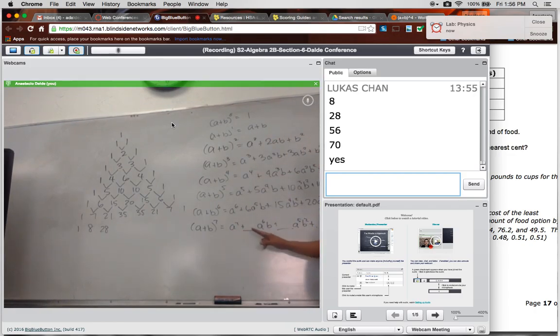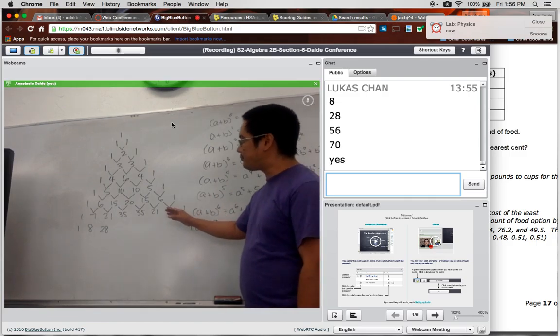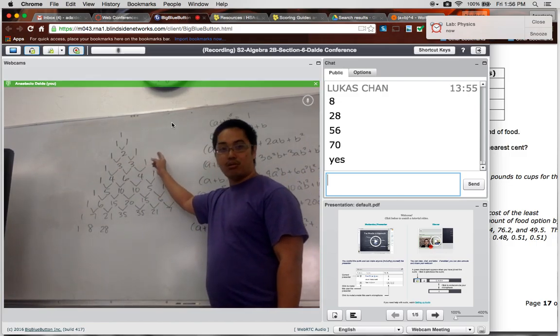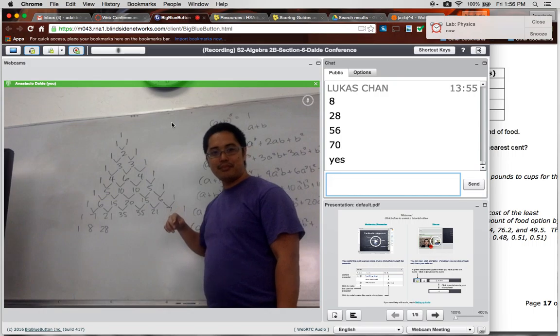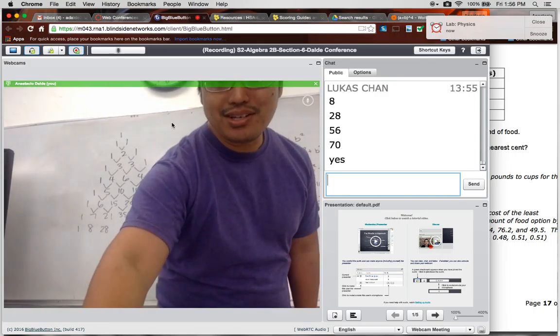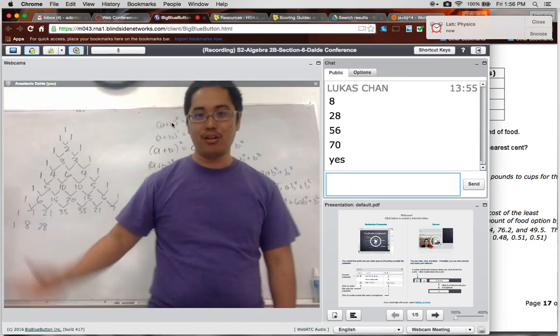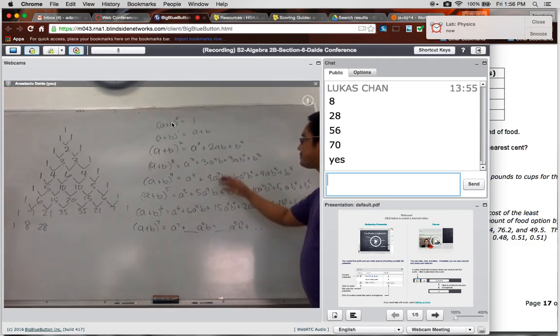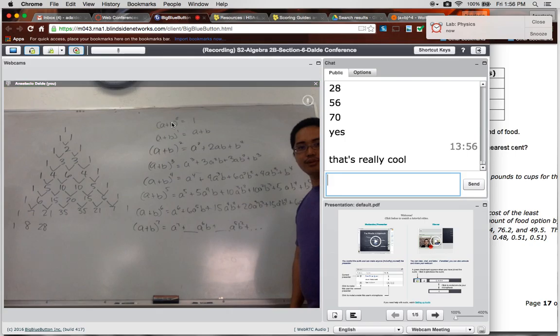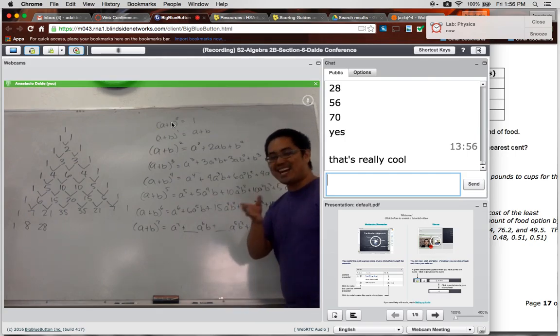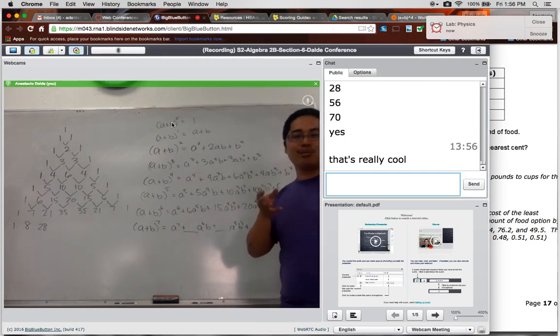Kayla already discovered the pattern for the letters, the variables. And then we discovered the pattern for the numbers, the coefficients that go in there. So now, you guys can figure out all of it. You can figure out what numbers go where. I think that's really cool. This has a lot to do with probability, actually.